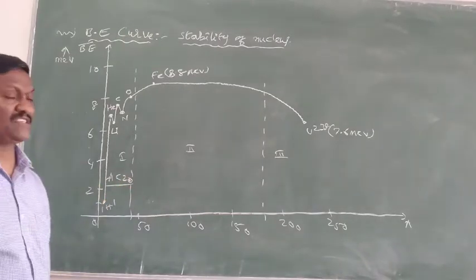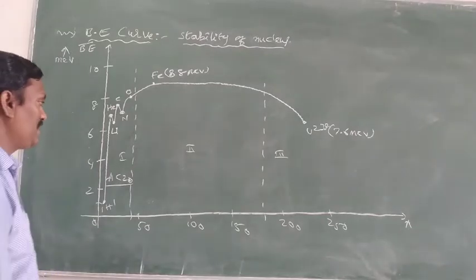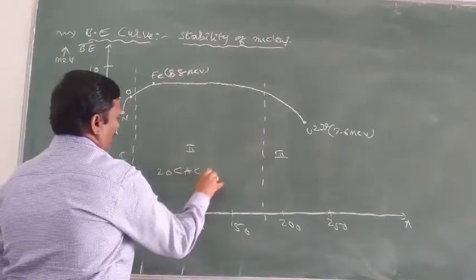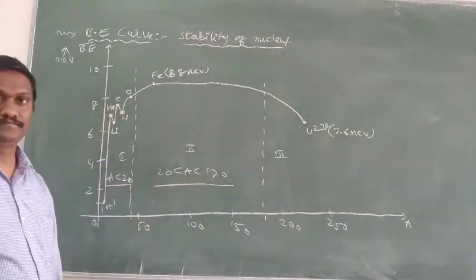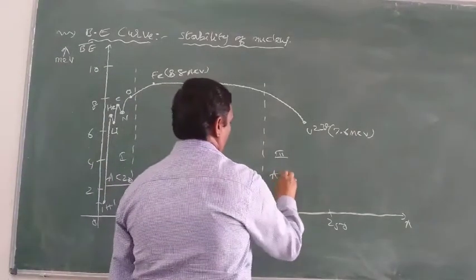The second part means mass number lies between 20 to 170. The third part means mass number greater than 170.